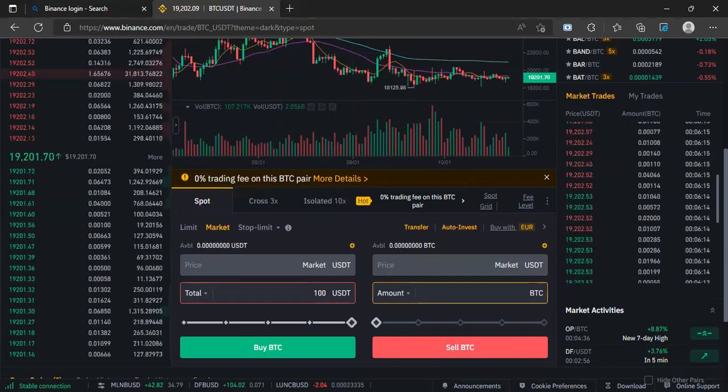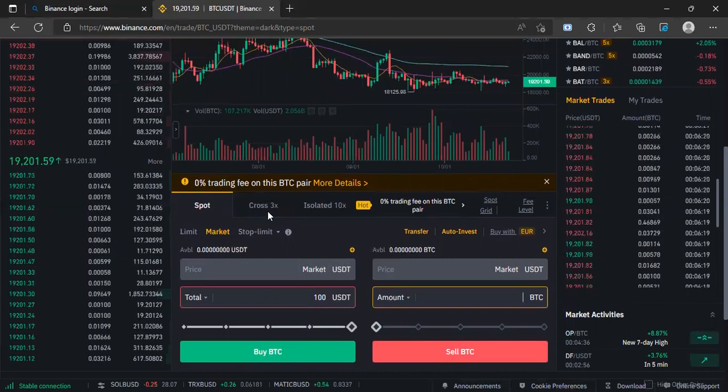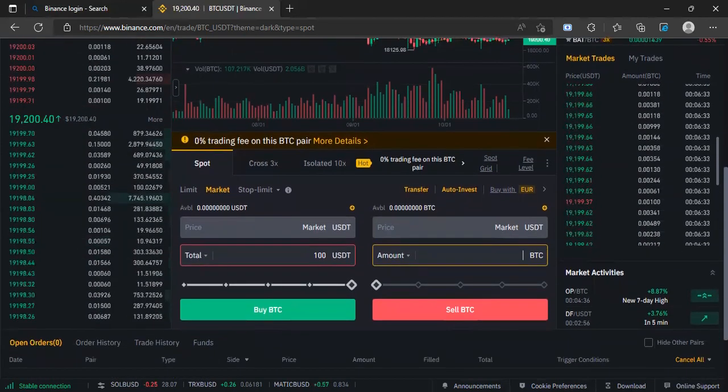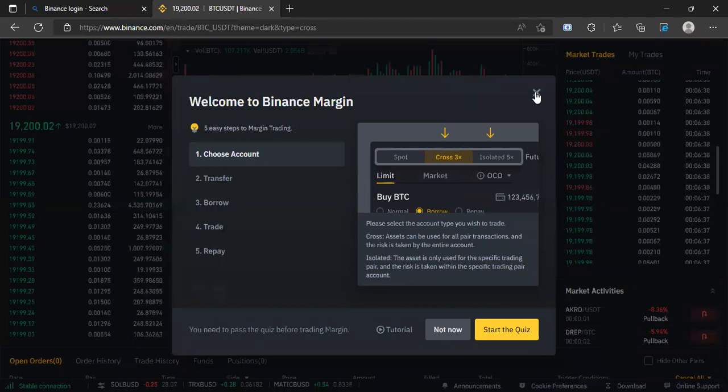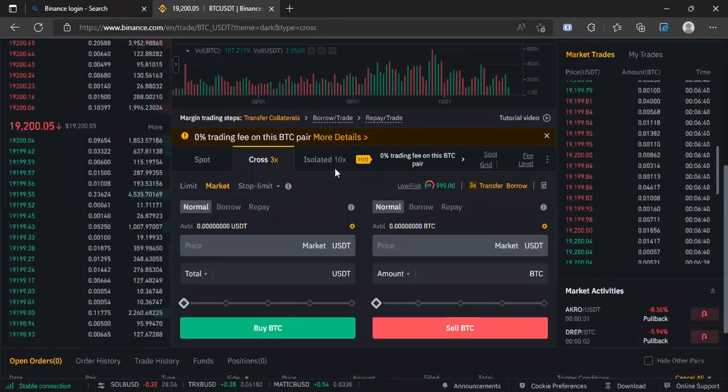I think I've got to explain cross and isolated. Always remember that we have to keep risk management in place, because that's the first thing when it comes to trading. So if you're trading cross, meaning cross margin, let's assume we have a $1,000 account.